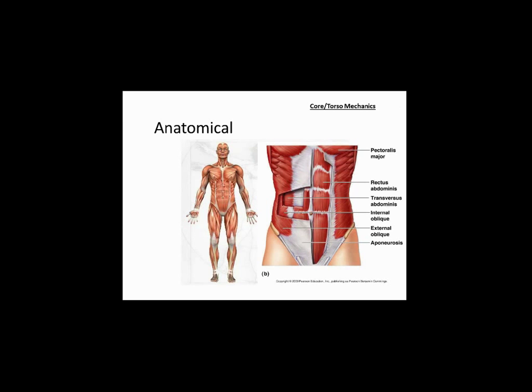Okay, so let's get into the anatomy of the torso. Not in any great detail here, but let's get into the anatomy of what it is that we're talking about with respect to core movement. So the key here, and we're going to get into this a little bit more specifically in the swing mechanics part of this, is that the musculature of the core is designed for both stability as well as mobility.